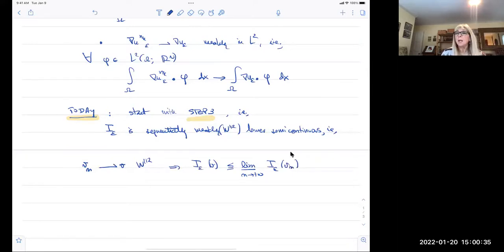Okay, and we know from the direct method, with these three steps, step 1, step 2, step 3, that the u_epsilon which you found in step 2 indeed is a minimizer, right?